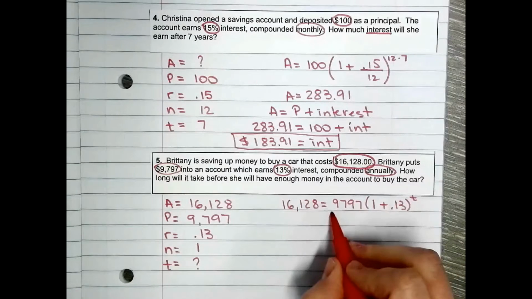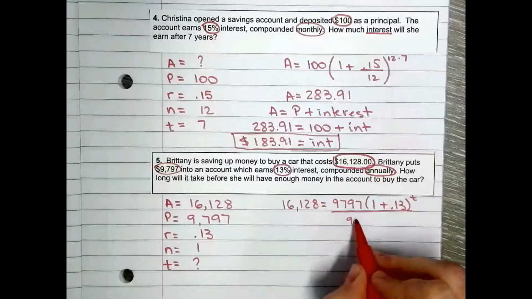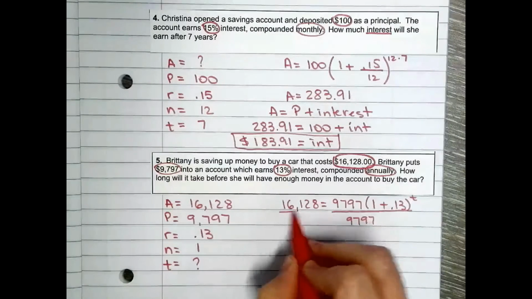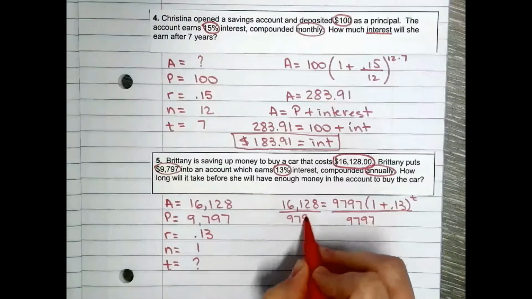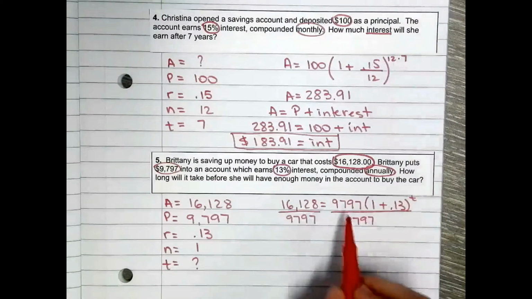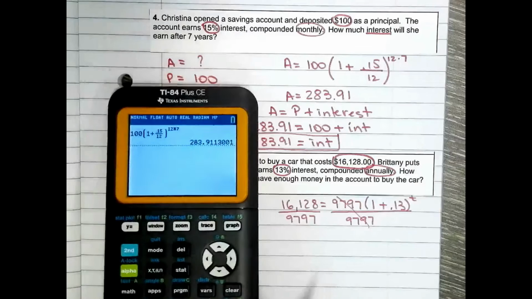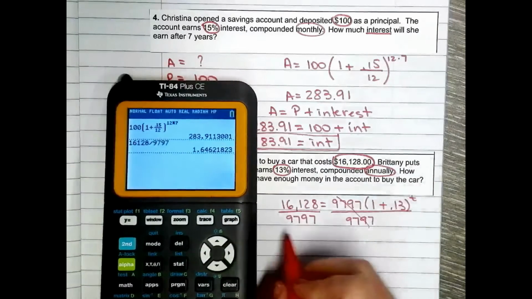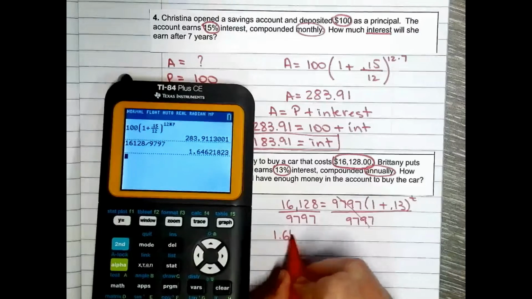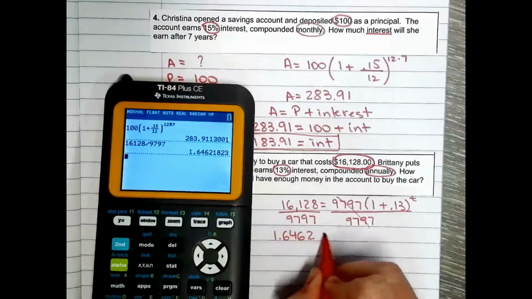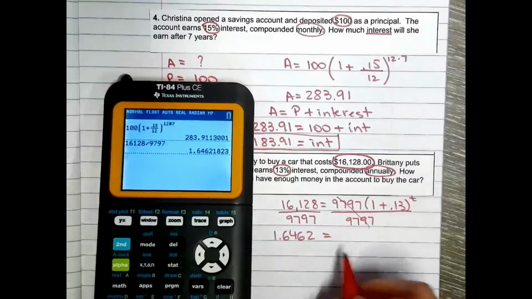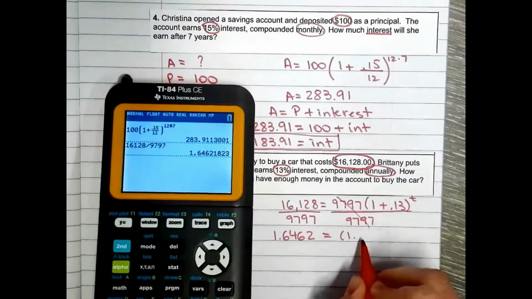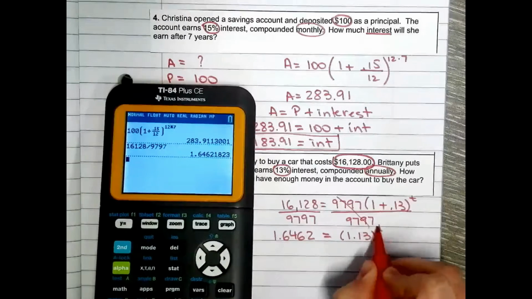So divide both sides. This will be 0. Here I have 1.6462, and I'll go ahead and add these guys together. So 1.13 t.